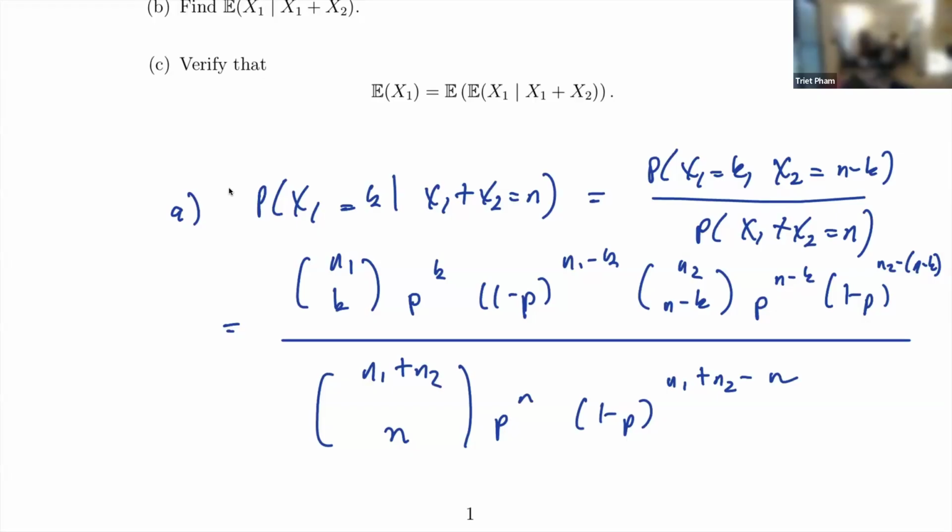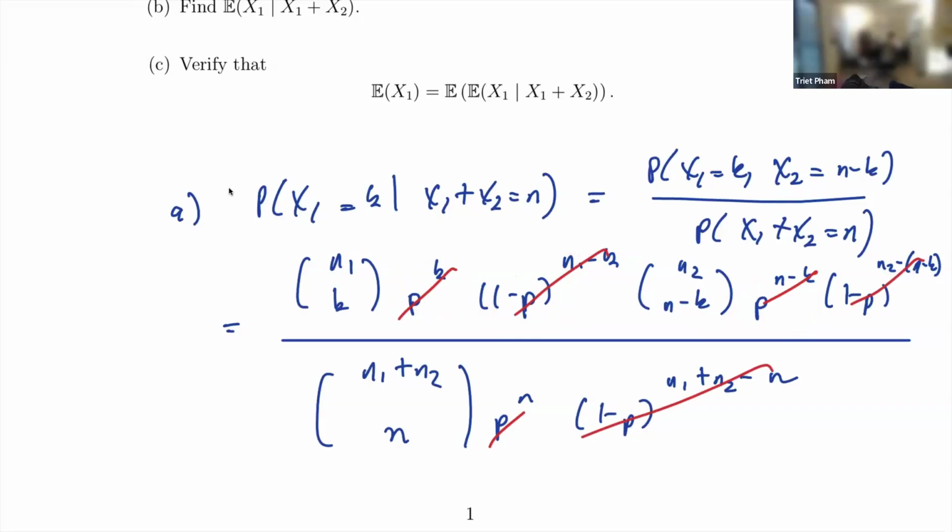Notice p to k and p to n minus k is exactly p to n. Similarly, 1 minus p to the n1 minus k, exactly n1 plus n2 minus n. This plus k cancels with a minus k, and that cancels with that, leaving us with the combinatorics.